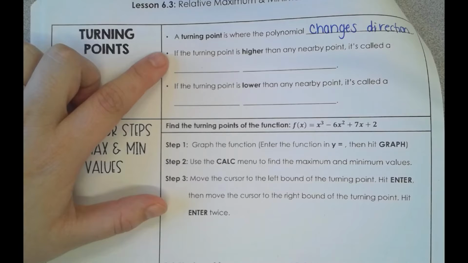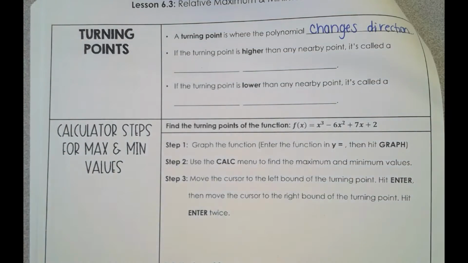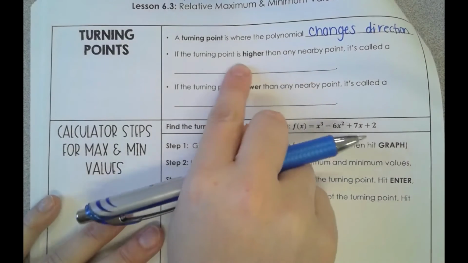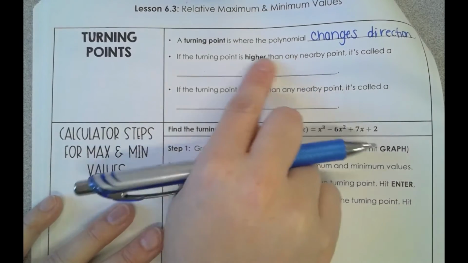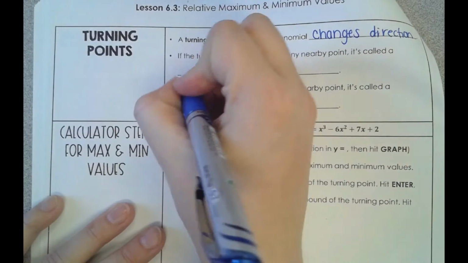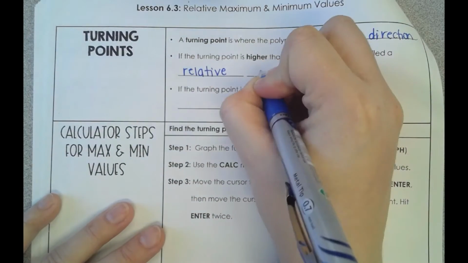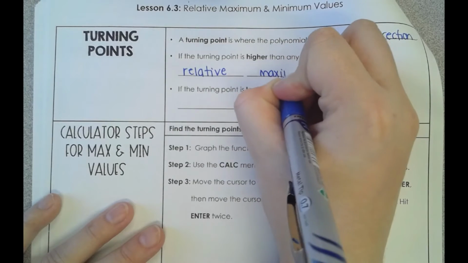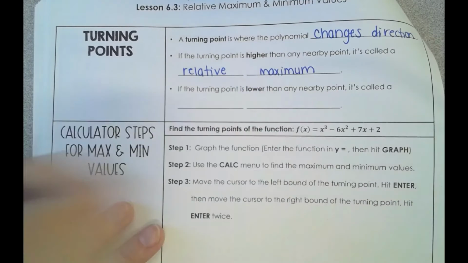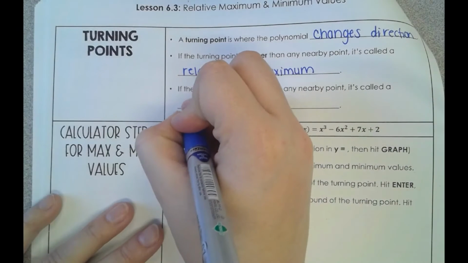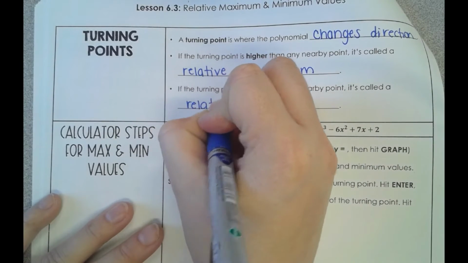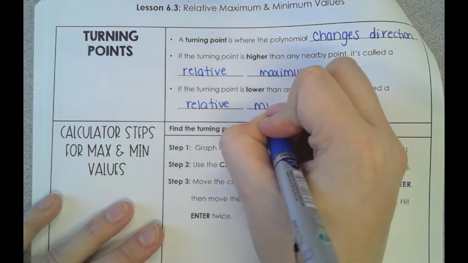If the turning point is a higher point, we call it a relative maximum. And if it's a lower point, it's a relative minimum.